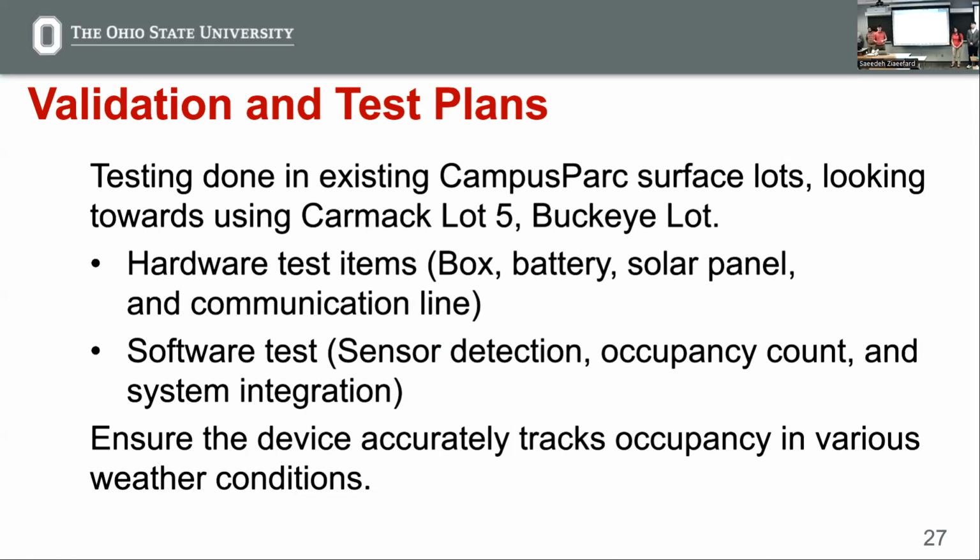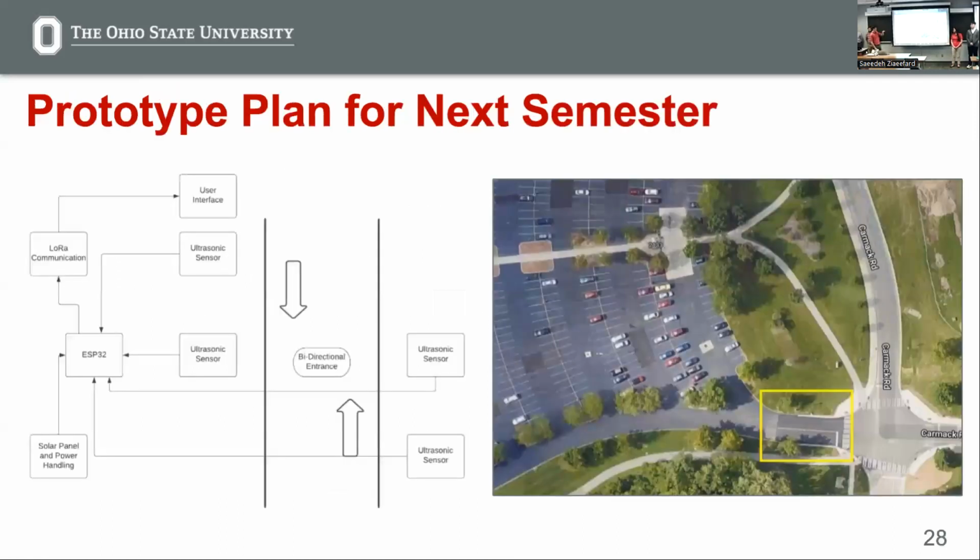We don't know exactly how the hardware and software are going to integrate into the entire system. So making sure that people aren't able to or wanting to kick things over, foot traffic, snow, all those things. And so this is sort of the idea of what we're going to want to do next semester.